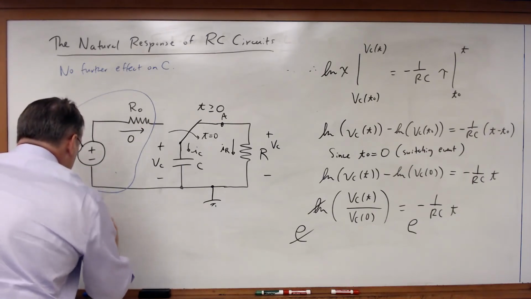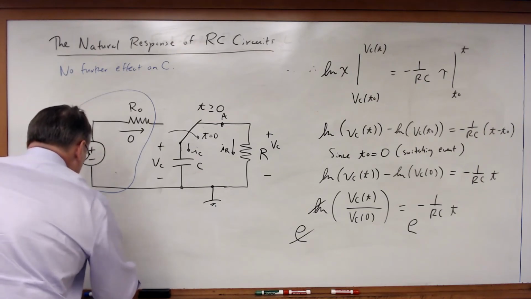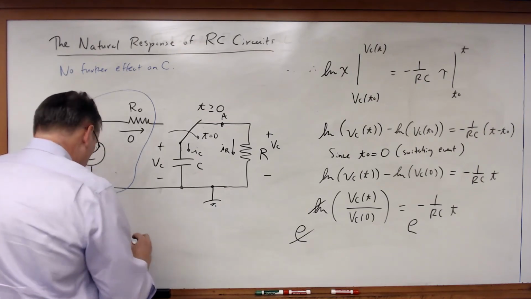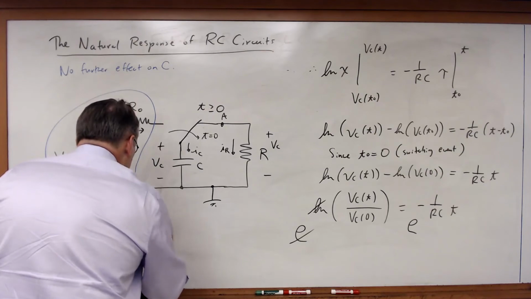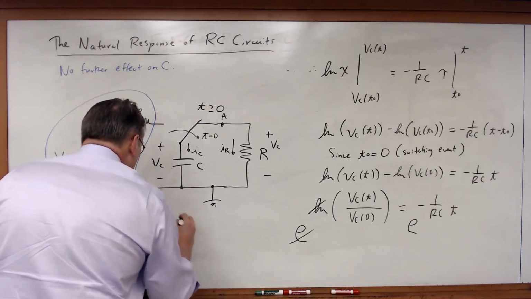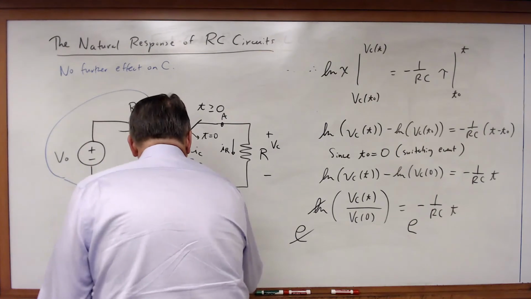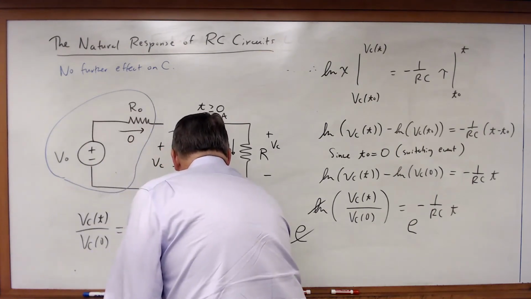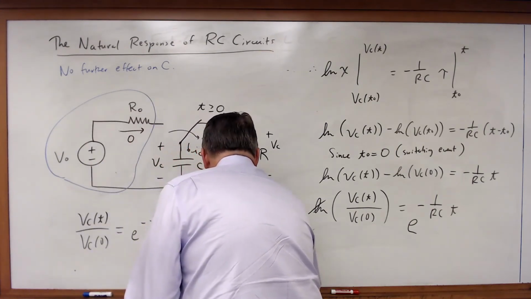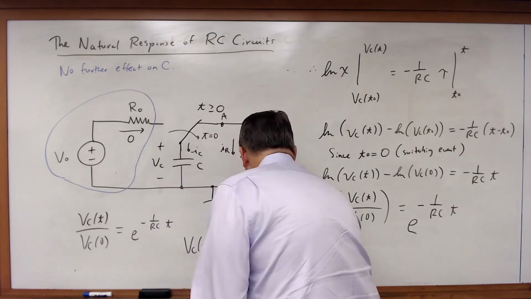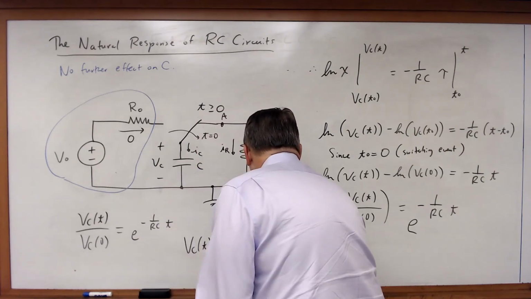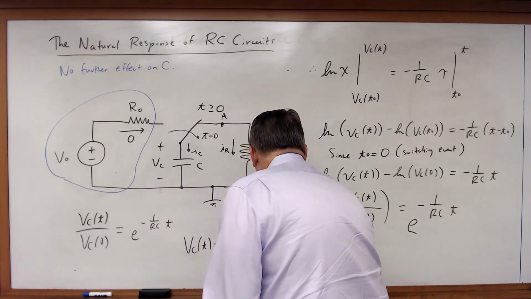That Vc of t divided by Vc of 0 is equal to e to the minus 1 over RC times t. And now in this case I can multiply both sides times Vc of 0, and therefore Vc of t is just equal to Vc of 0 e to the minus 1 over RC times t.